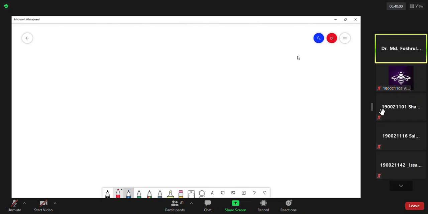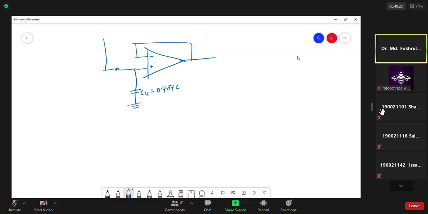If we draw the circuit, the voltage follower, capacitance C4, the C4 is equal to 0.707 C, and it will be R. Another capacitor C3 will be 1.414 C, and this is also R.